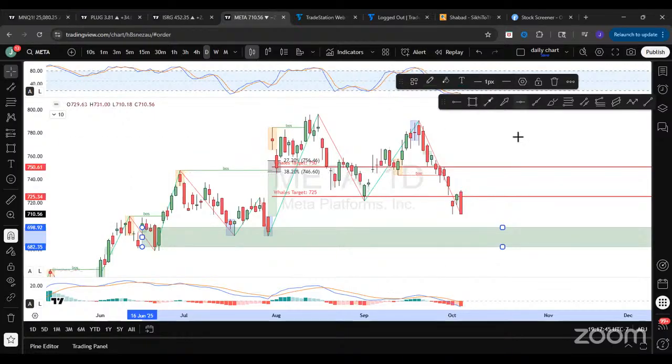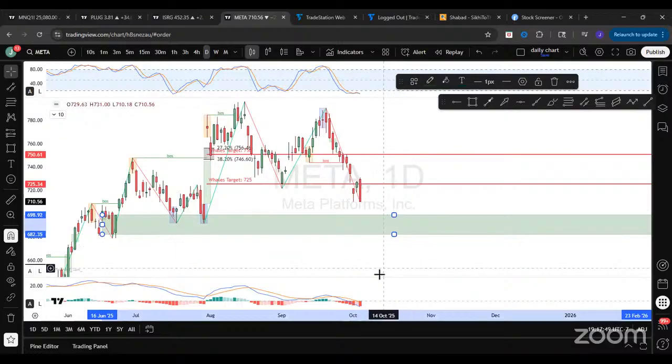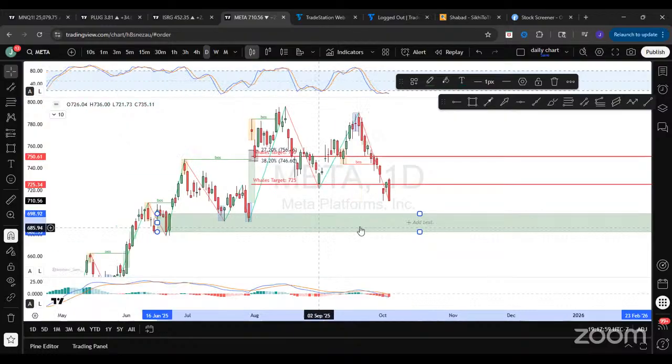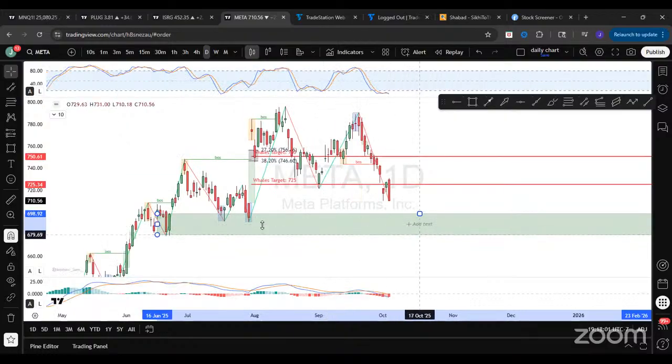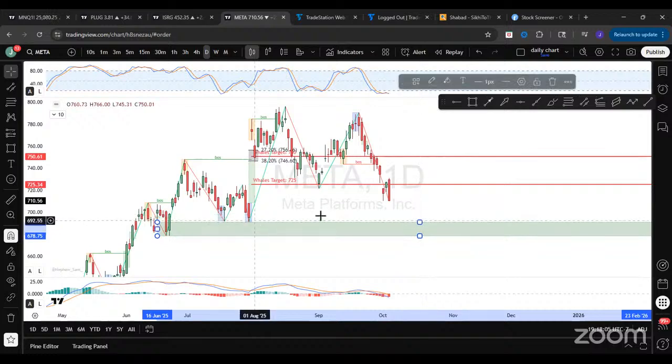What is my drawing? Why do I draw this? I do something for this reason. But yeah, the upper range of this is about 700. Yeah, this is the zone here.